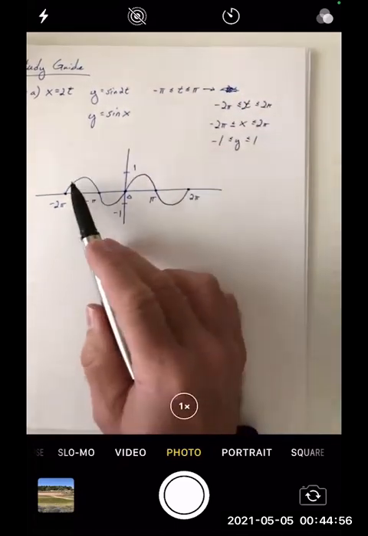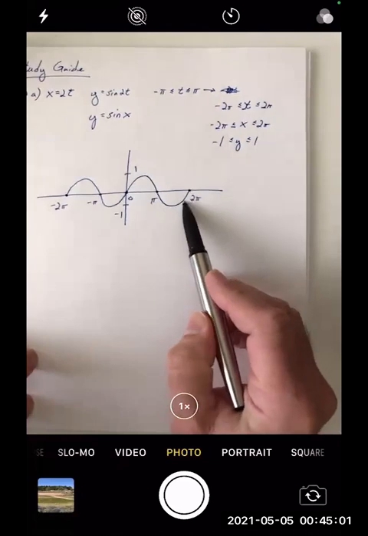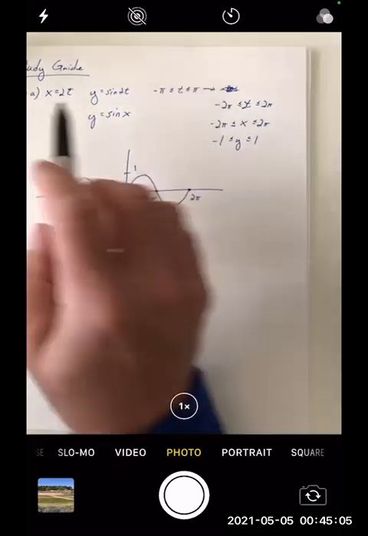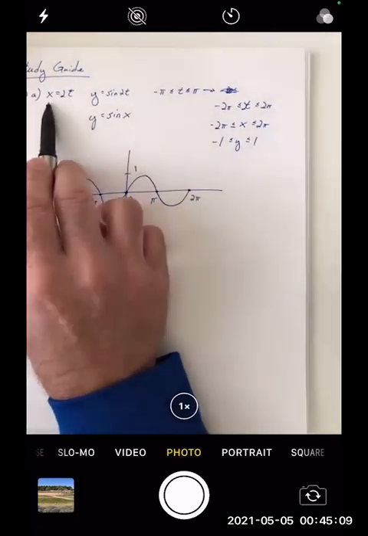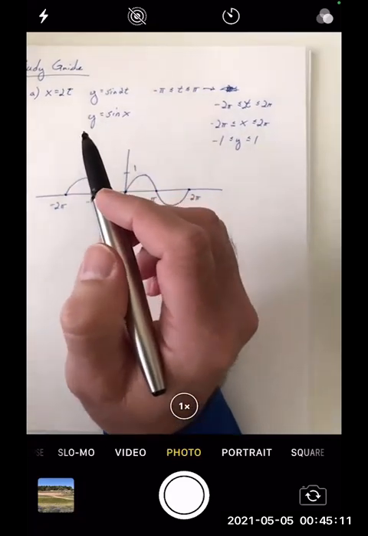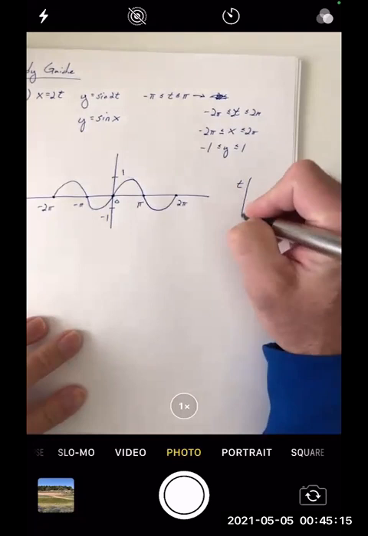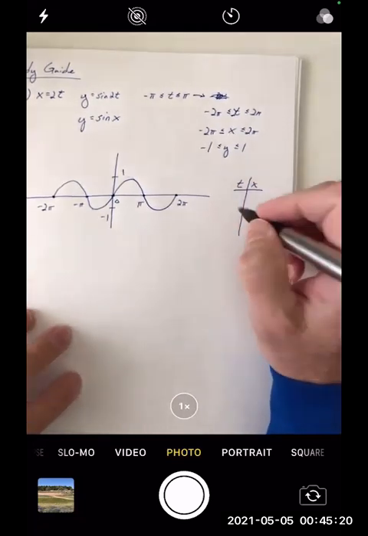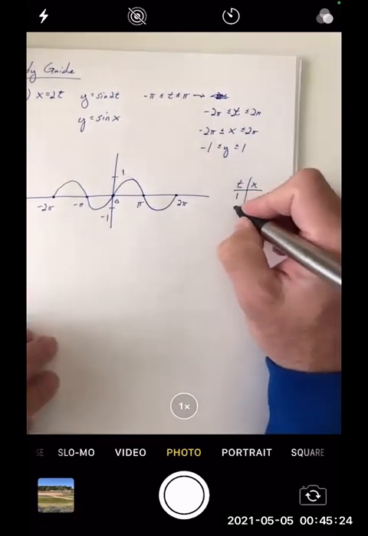We need to see if the curve is going off to the right or off to the left. As t gets bigger and bigger, what's happening with x? If you don't know, just make a little table. If you can't do it in your head, take some values for t and plug them in.